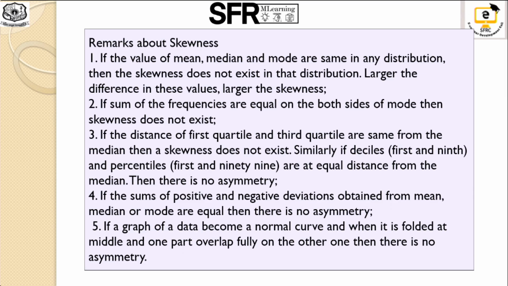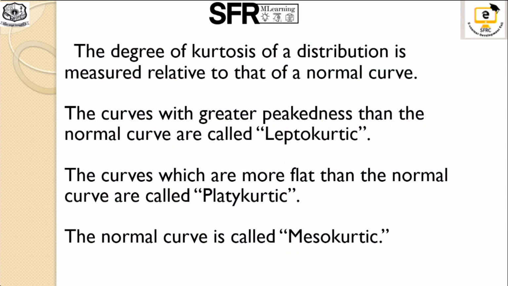So we can say that there is no asymmetry. In the next slide we will learn about kurtosis. Kurtosis means the curve's peakedness, that is, the degree of kurtosis of a distribution is measured relative to that of the normal curve.